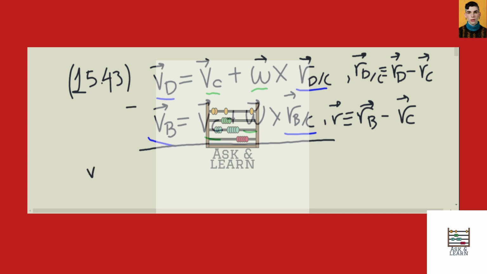One way we can do this is to subtract the two equations, and we get the vector difference of the two velocity vectors. Vector VC is eliminated. And then using the linearity property of the cross product, we get this expression.